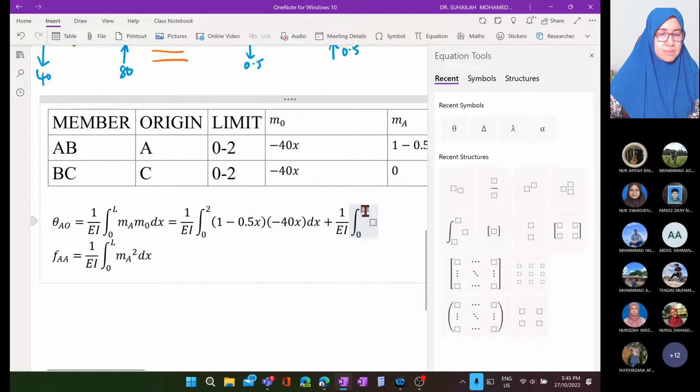This is 0 times negative 40, so even if we don't write it, it doesn't matter, because it is 0, so we get 0. What is the answer for this? Use a calculator to calculate this.